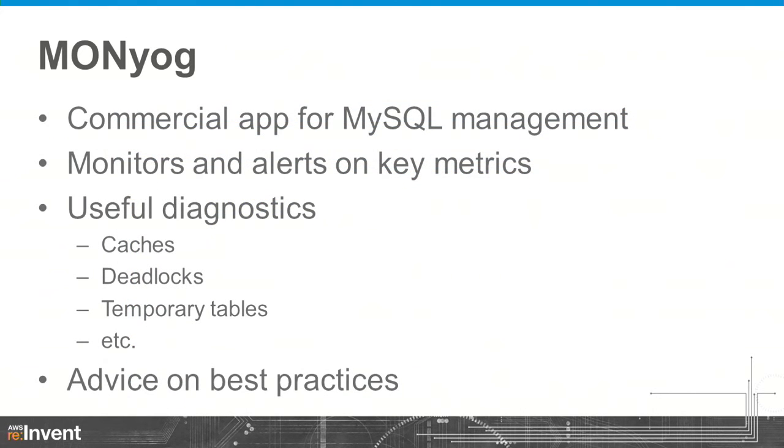So I've talked about this: monitors, alerts on key metrics, advice on best practices, useful diagnostics. Monitoring and alerting, again, we might have been able to do this with CloudWatch, but this is more than just the 14 RDS metrics that CloudWatch exposes. Now, you can pretty much alert on any system variable that gets exposed by MySQL.